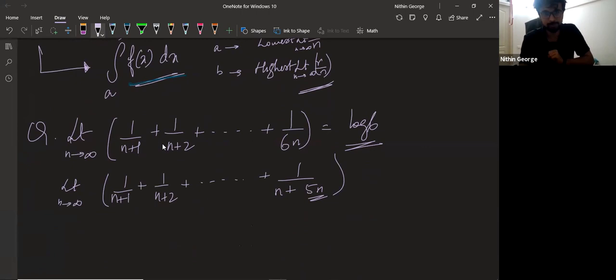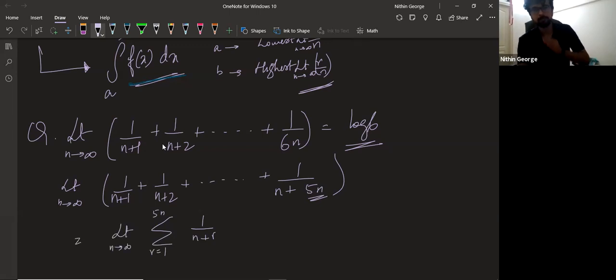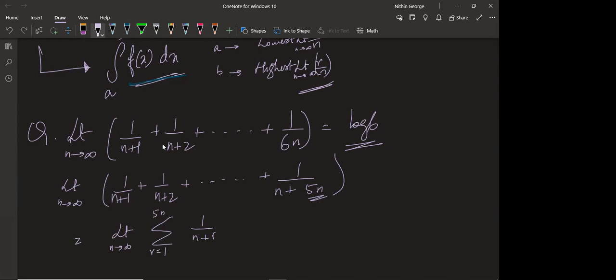So all of this is nothing but sigma of 1 by n plus r, where r moves from 1 to 5n. Guys, does this make sense? Yes, sir.